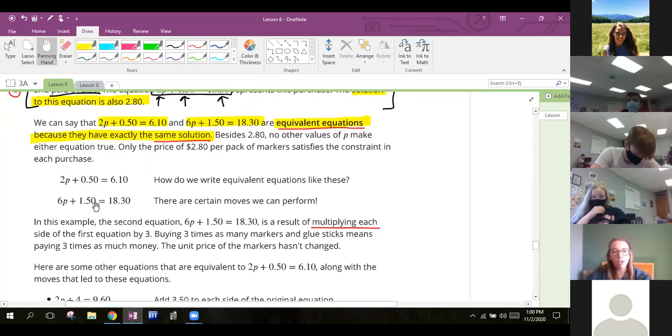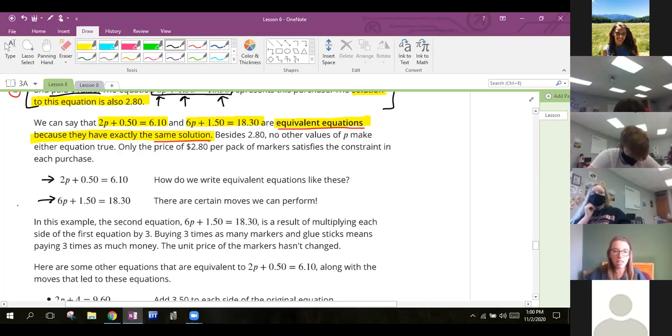So how can we tell any other way that they are equivalent? This is our first equation and this is our second. Can y'all see anything that was done to the first to get the second one? Addition. I mean, yeah, we could get the second one by adding, but we have to do the same thing each time.